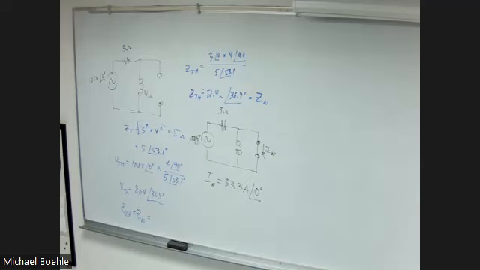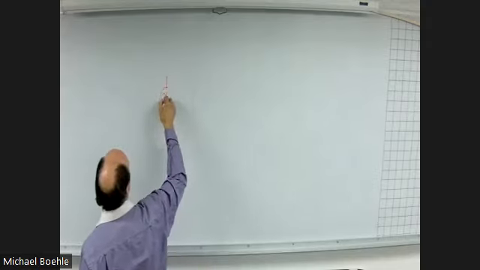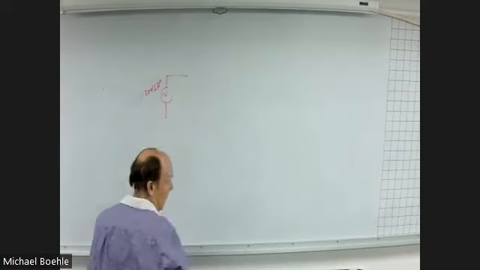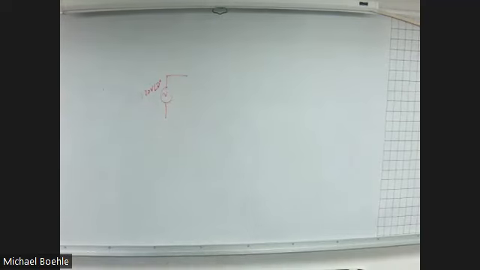Now 48 is our maximum power transfer for a different circuit. So we have 120 volts at 0 degrees, and then we have a 3, 4, and a 6.